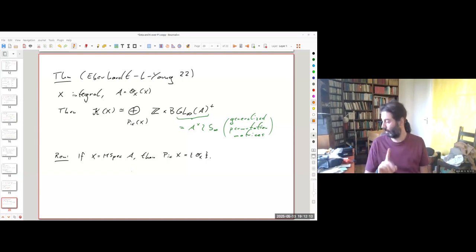And regarding motives, I should say there's one really important work, by Jacques Weibel and Christian Haesemeyer and who was the other? Christina Cortines? No, Guillermo Cortiñas and someone else, who used monoid schemes for CDH descent.